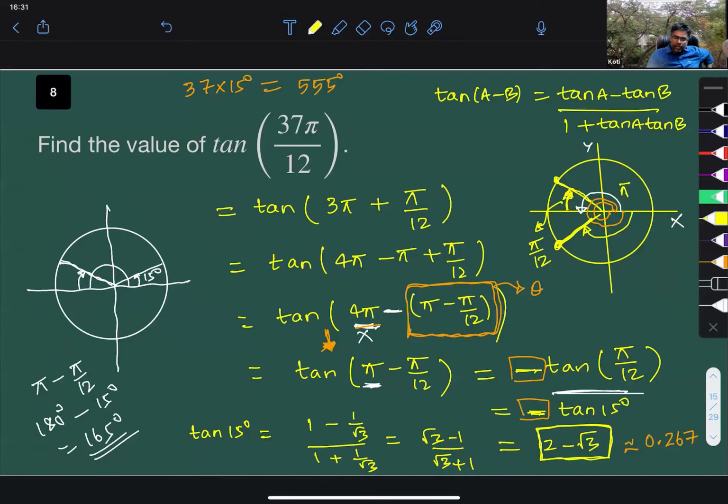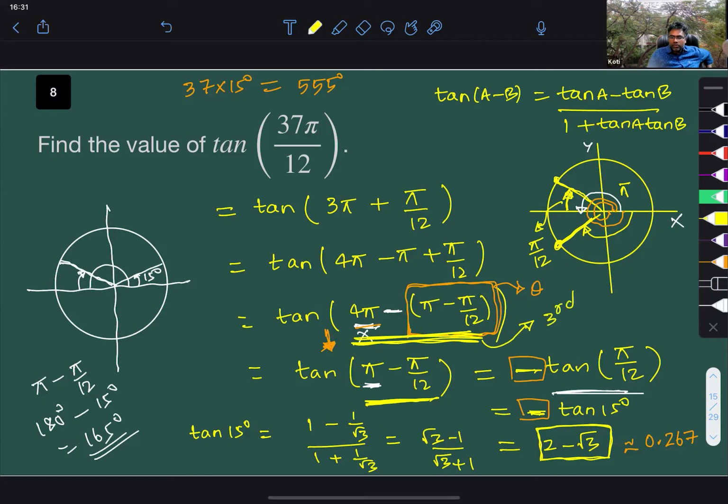But if I use this pi minus pi by 12, I will not go to the third quadrant. This entire thing should push me to the third quadrant.